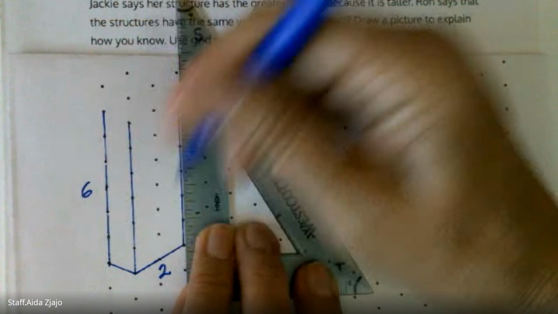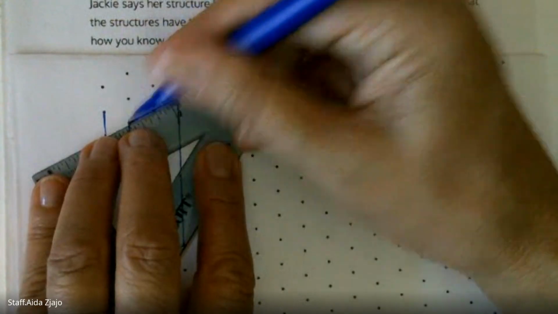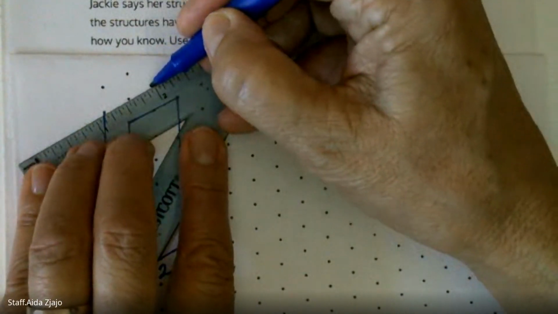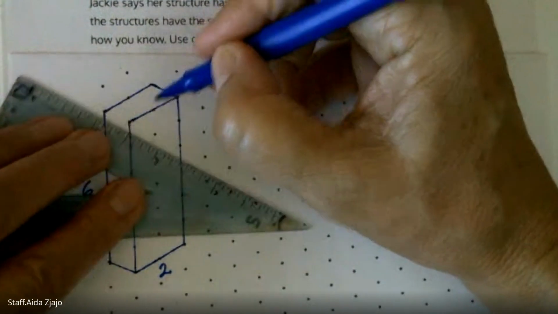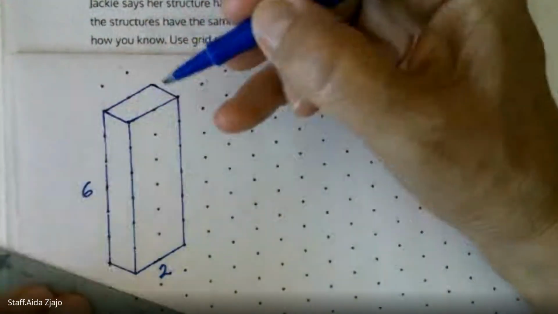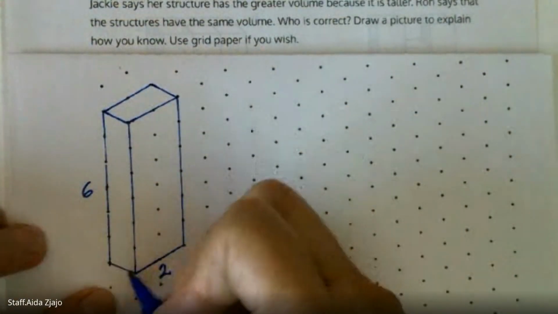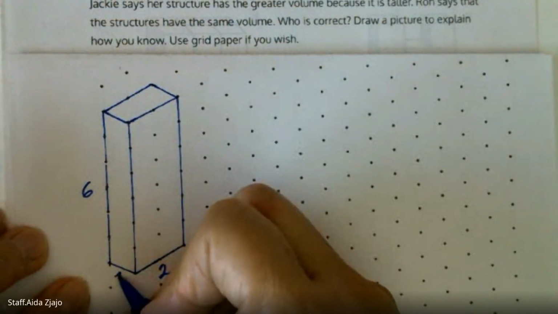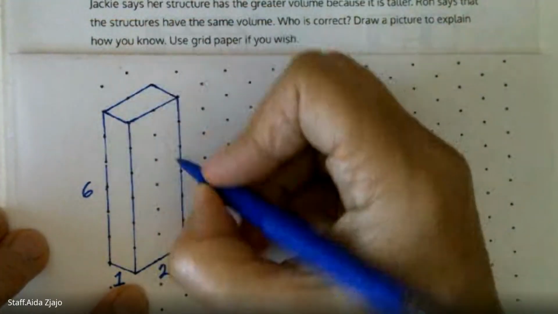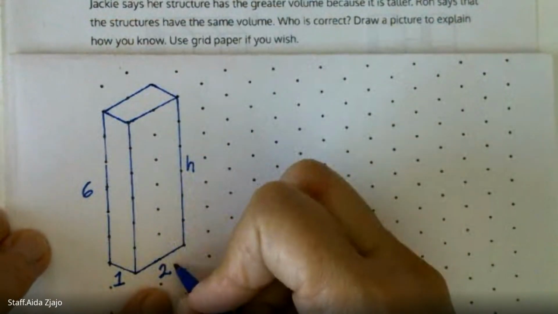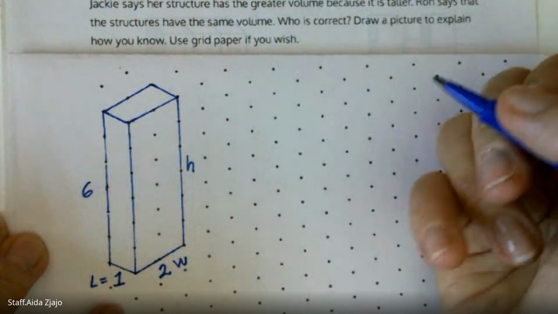So this is also 6 height. This is width, that is 2, and then I can create these. So this is 6 by 1 by 2. If the height is 6, and this is width, the length is 1.